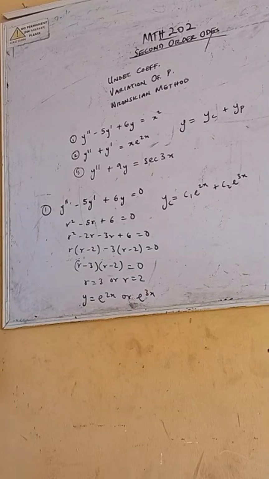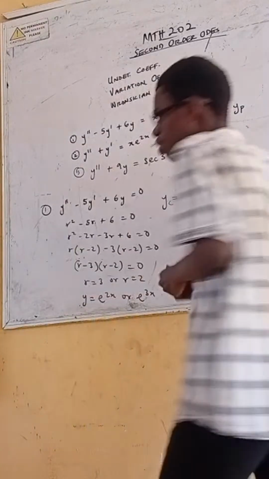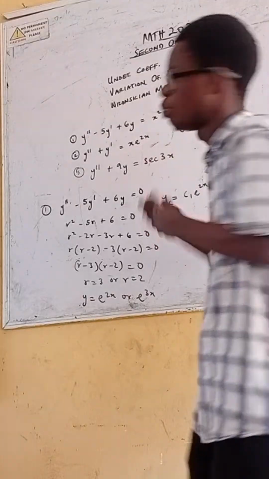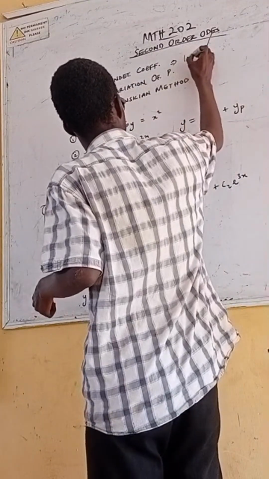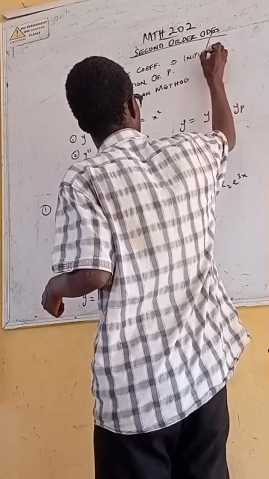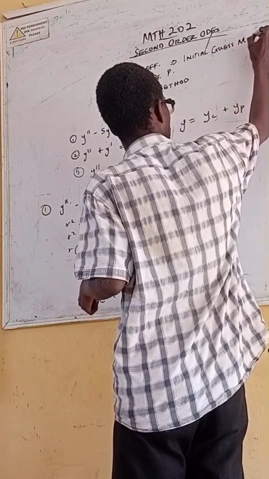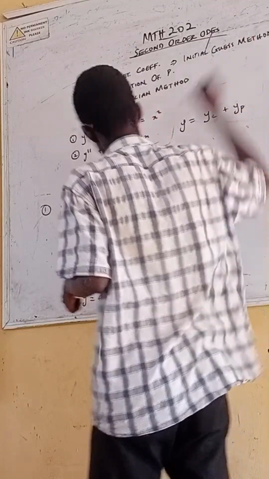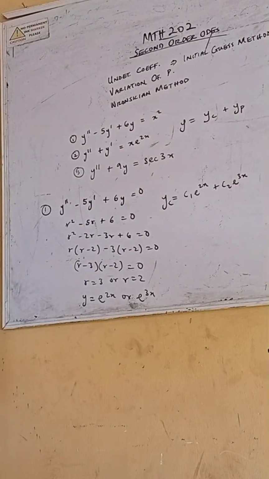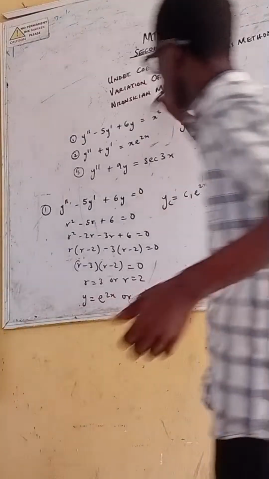Now, undetermined coefficient, I prefer to call it the initial guess method. So it's just that you guess. It's not really a guess because there is a structure. Now, this is x squared.